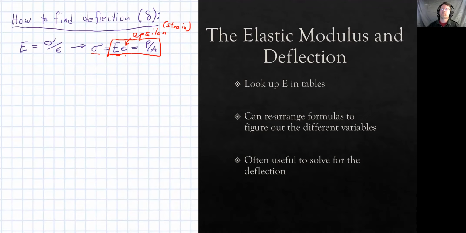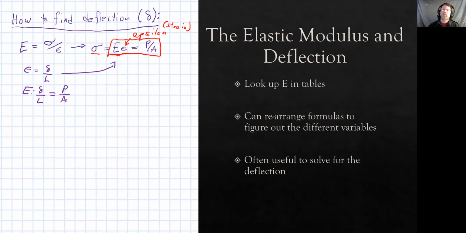So we now have the elastic modulus times the strain equals force over area. So we can use this. If you remember that strain is the deflection divided by the original length, we're going to take this and plug it in here: the elastic modulus times deflection over length equals force over area. And I'm going to multiply both sides by what I want to get rid of over here.